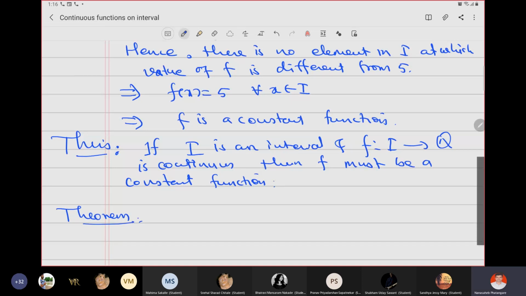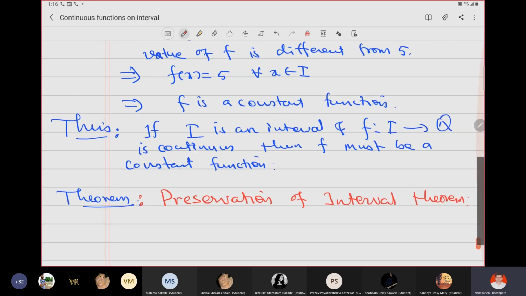So the next theorem is some formalization which is called the preservation of intervals. That means under a continuous function, intervals are preserved. Preserved means what? So let I be an interval. Now when I say I is an interval, it may be an open interval, it may be a closed interval, just an interval.